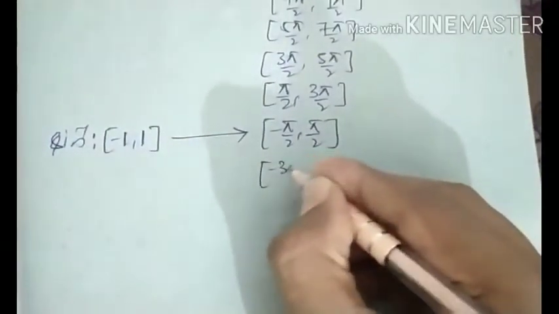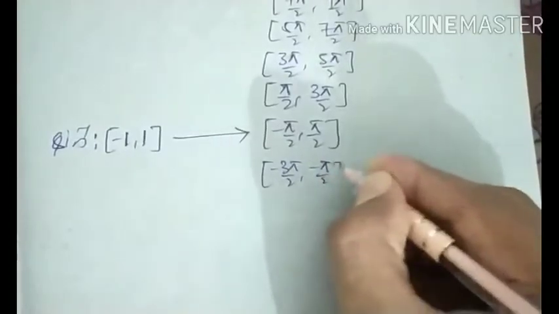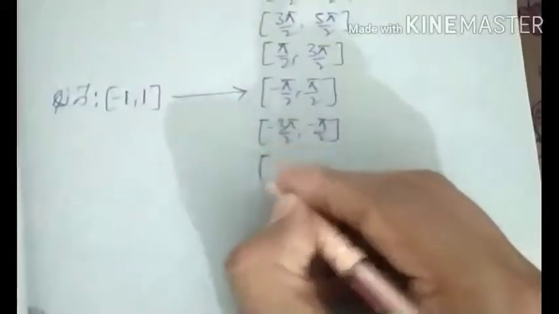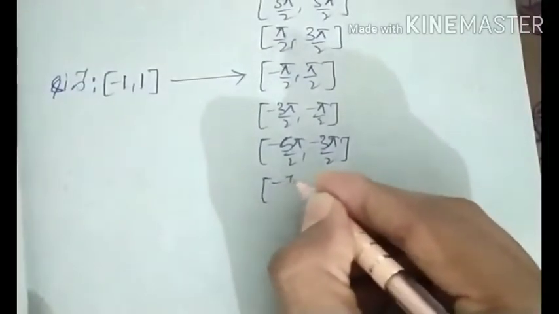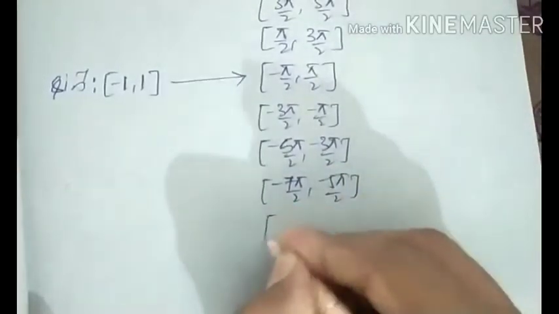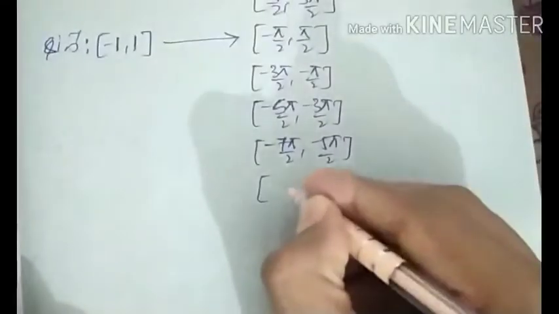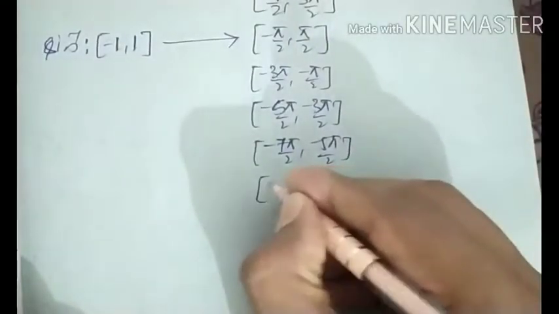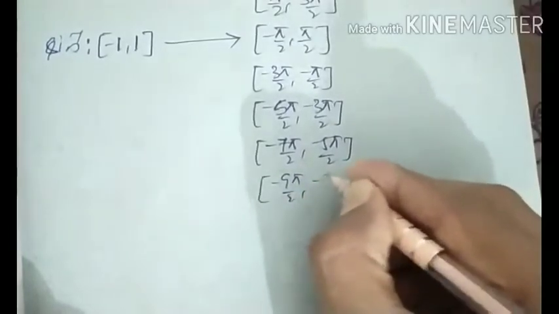On this side, with the help of the graph, this is minus 3 pi by 2 to minus pi by 2, and minus 5 pi by 2 to minus 3 pi by 2, and minus 7 pi by 2 to minus 5 pi by 2, and minus 9 pi by 2 to minus 7 pi by 2, and so on.